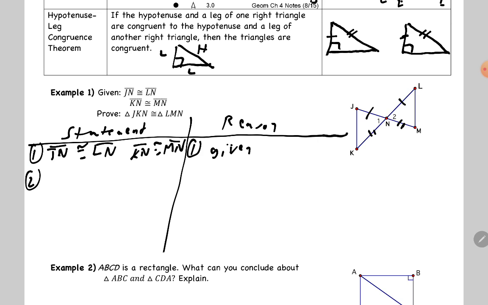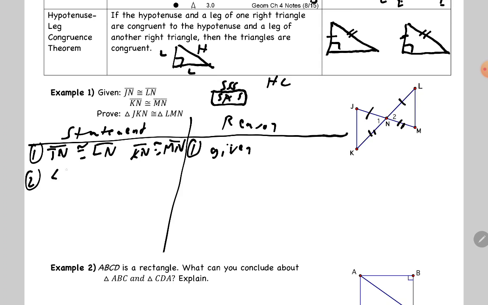So we need to prove that these triangles are congruent. We have SSS, we have SAS, we have HL, and then we can prove that all the other pieces are congruent. So there are 4 different ways. Most likely we're going to use one of these 3, but mostly we're probably going to use SAS because we have 2 sides, and then they hint at 2 angles here, angles 1 and 2.